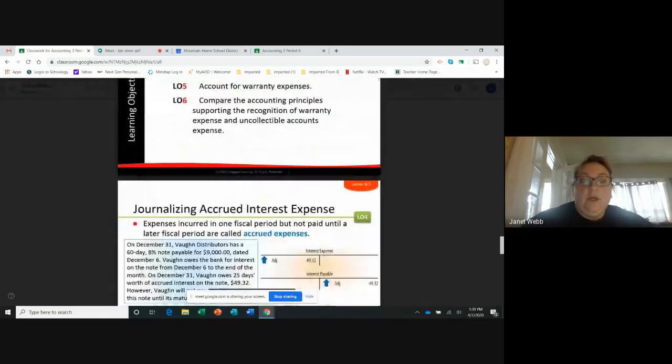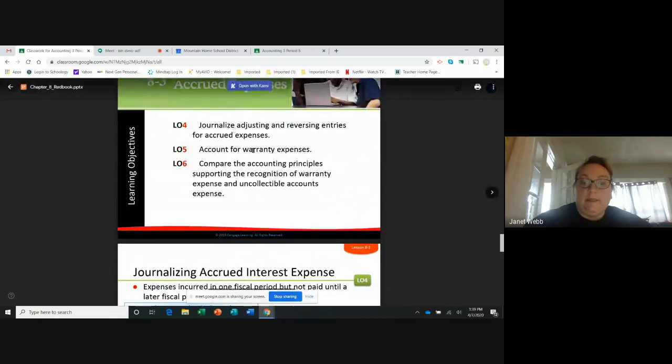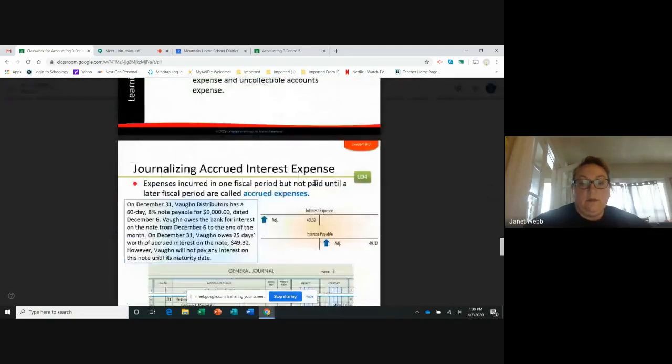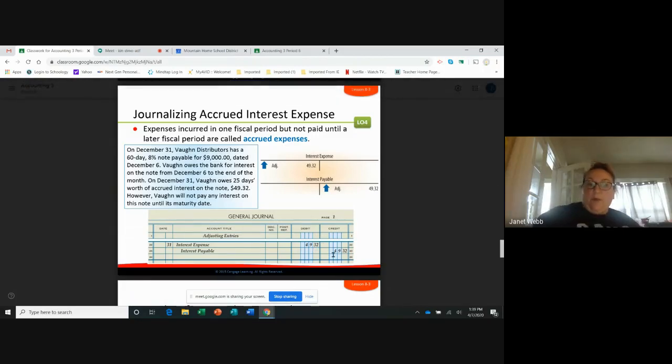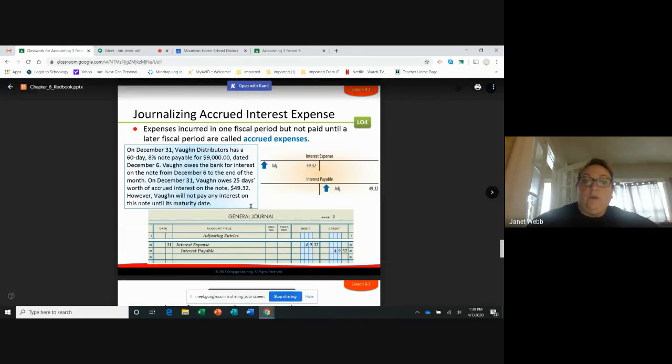So what I want you to do, warranty expenses. It says that has a 60-day 8% notes payable, $900, dated December 6th. So they owe 25 days' worth of interest. We're not paying them yet, because we don't pay the interest until the full 60 days is up. But we do have to realize that interest in our current year. So they calculated the interest.